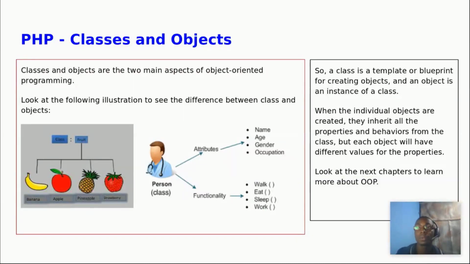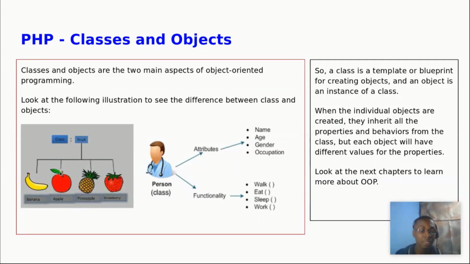So we have a class called fruits and some objects called banana, apple, pineapple, and strawberry. These are all some kind of fruit, right?